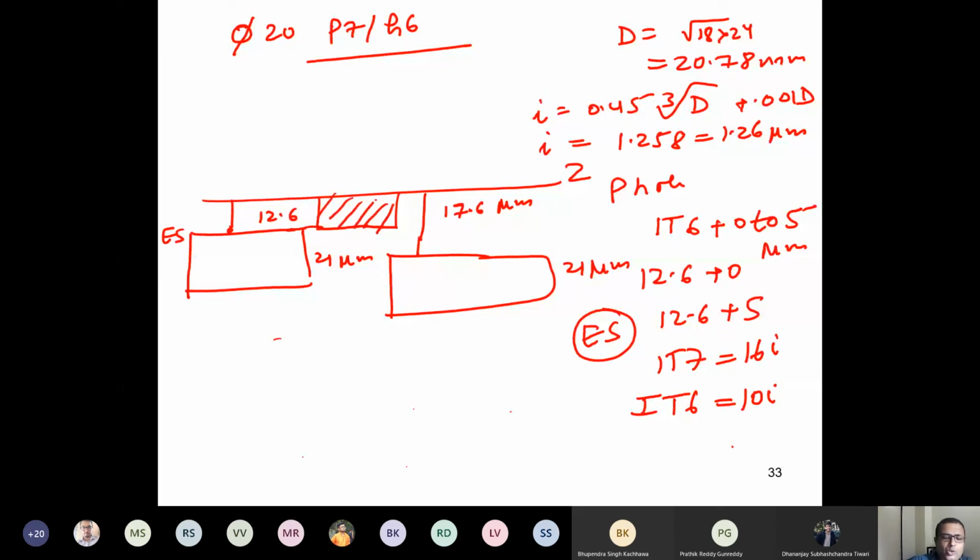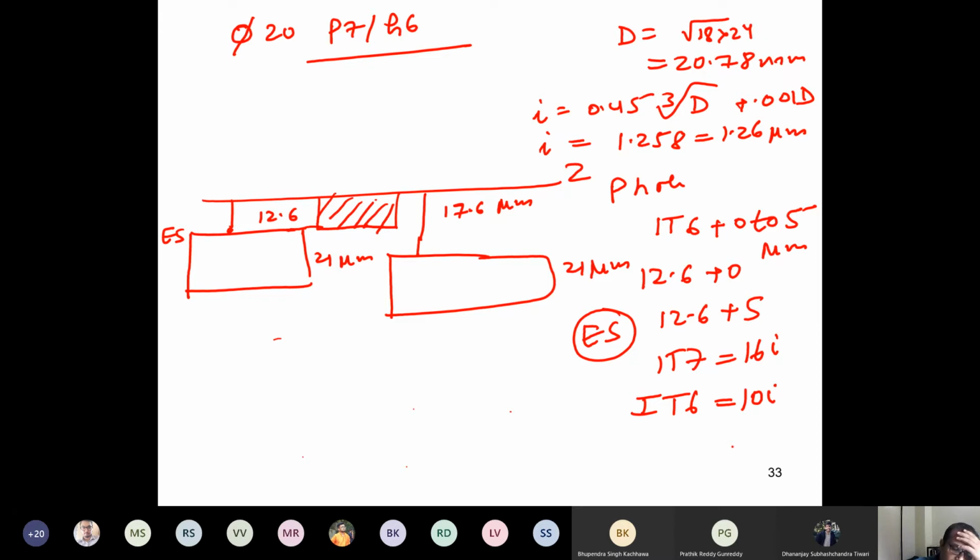This is my shaft, and these two are the holes. Extreme conditions. So my shaft is always bigger. The lowest dimension of my shaft is always bigger than the hole. Right? So if you see, what will the extreme condition be for this?